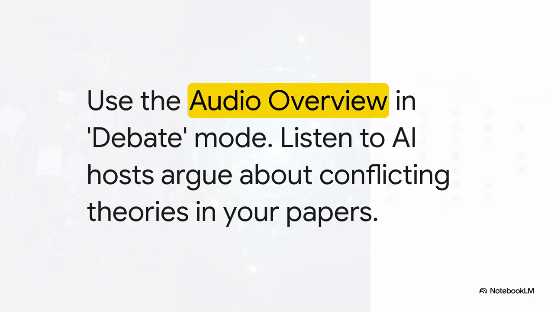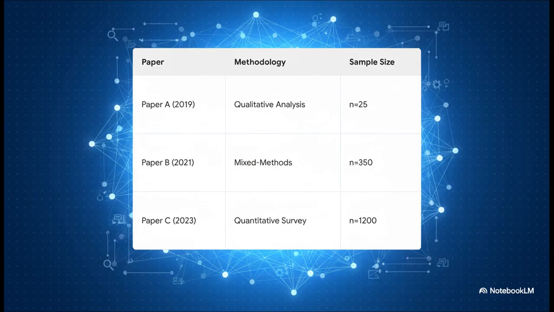This lets you hear the tensions and the gaps in the literature in a way that just reading a wall of text never could. You can also create visual maps in an instant. You just ask the chat to generate a comparison matrix, just like this one, organizing all your sources by their methodology or their sample size or literally any other variable you can think of. What used to take a week of painstaking work in a spreadsheet now happens in seconds.